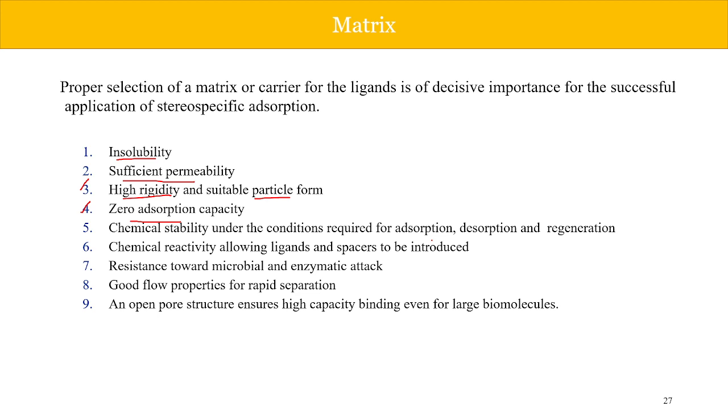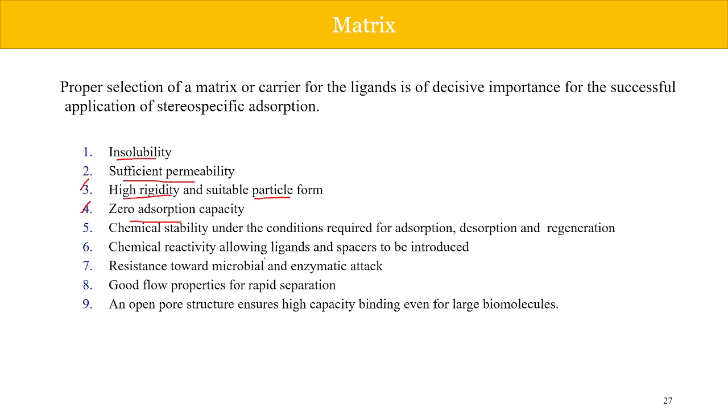Okay, and then it should have good flow properties for rapid separation. I mean, it should allow a good flow rate for proper and faster separation. And an open pore structure ensures high capacity binding even for your large biomolecules. Okay, so these are a few characteristics of your matrix.